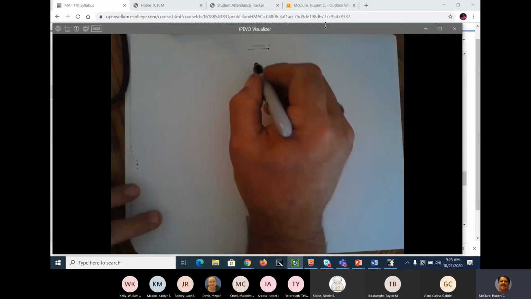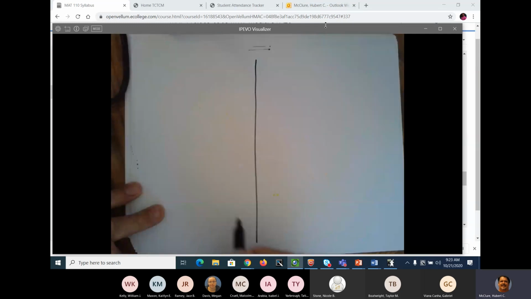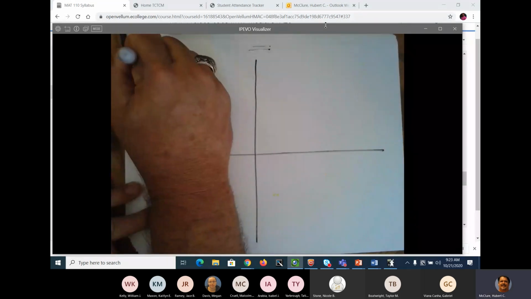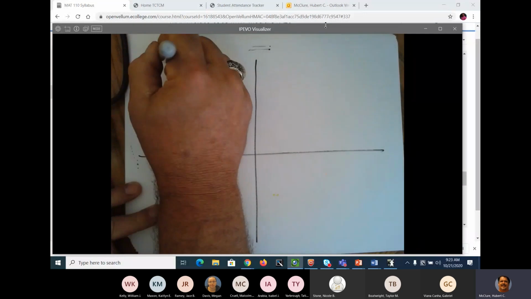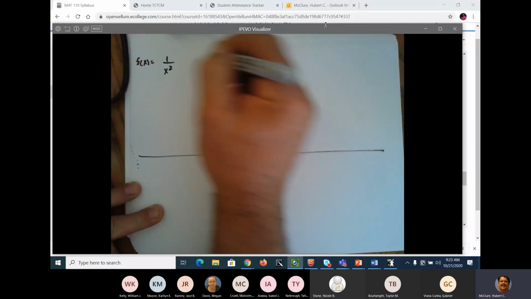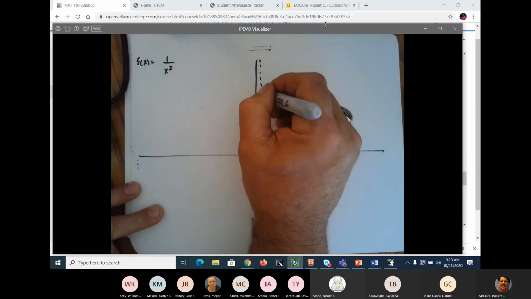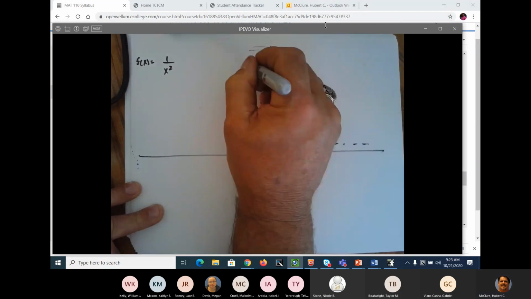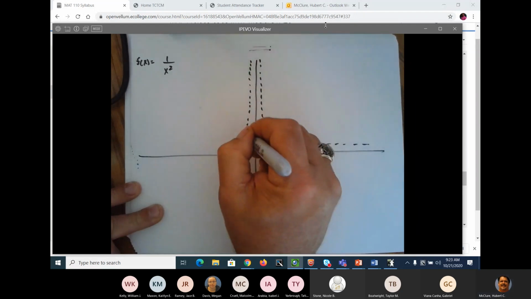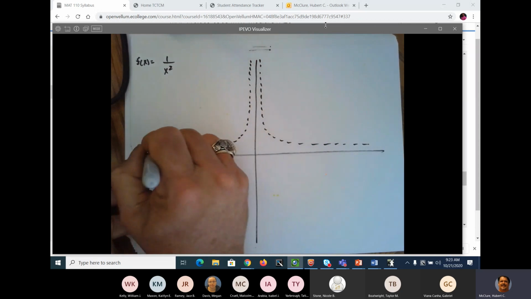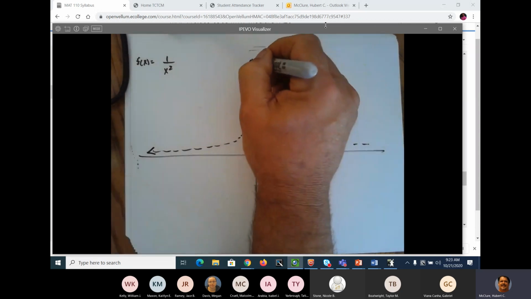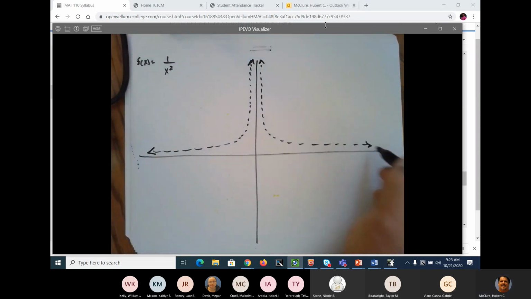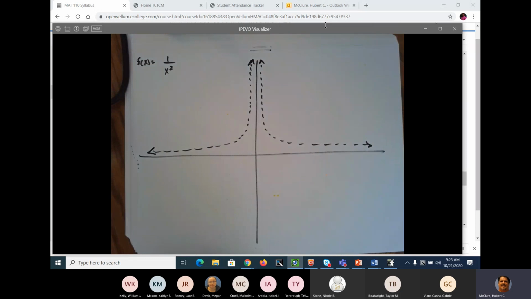So our parent graph here is f of x is equal to 1 over x squared. There's your parent graph. So if I do f of x, we'll do it in blue.